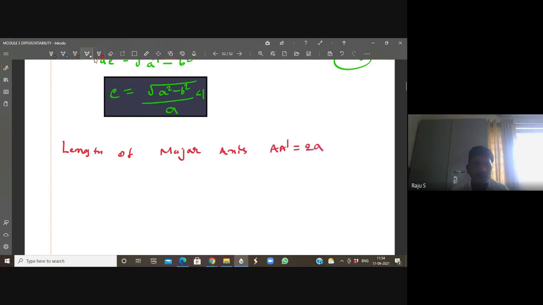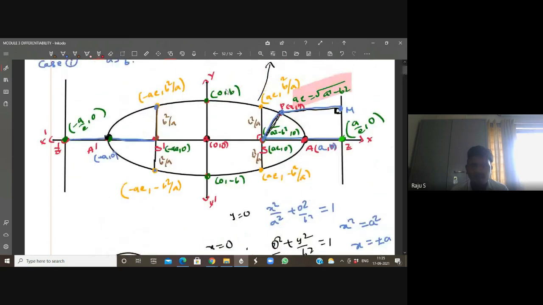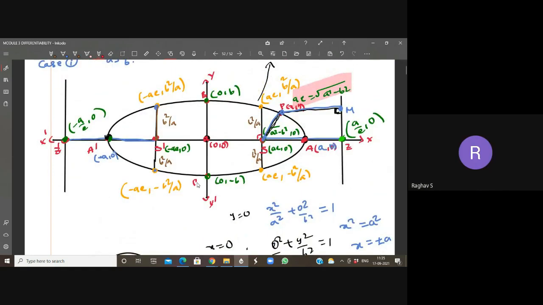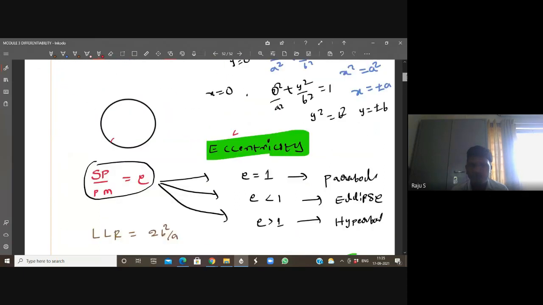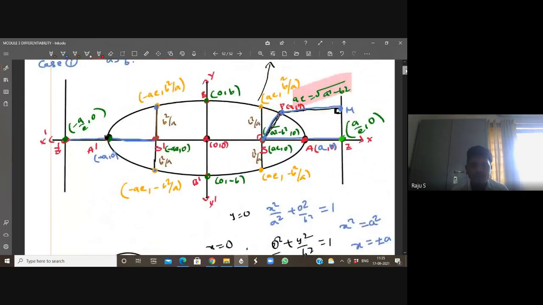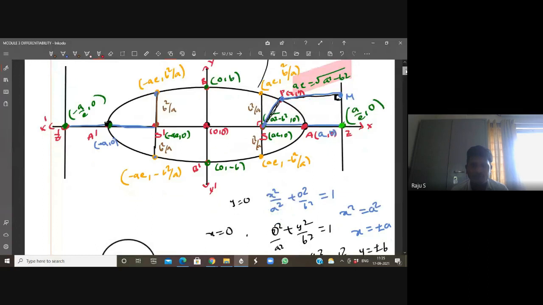In the same way, can you tell me the length of the minor axis? 2b. For the length of the minor axis, I am taking this as B to B dash, 2b, 2 into b. And what is the distance between the two foci, S S dash?